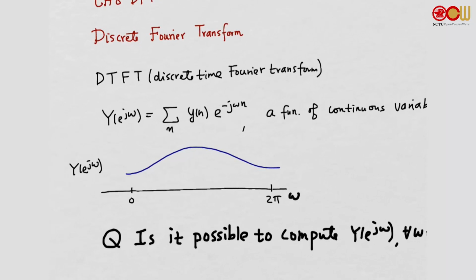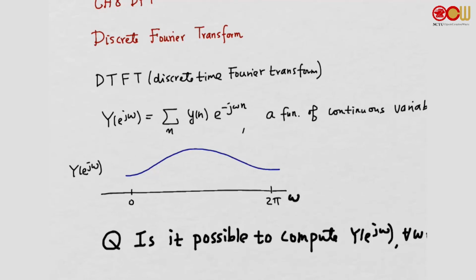Because omega is a continuous variable, we may sample. Suppose we divide 0 to 2 pi into N parts, and each part is 2 pi over N. We take a sample every 2 pi over N.